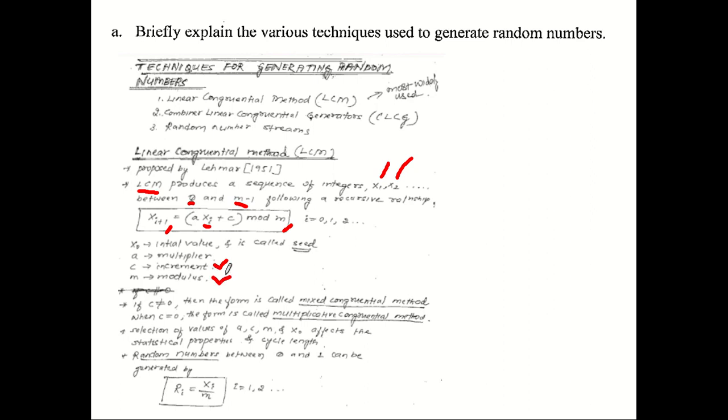Okay, see, if c is not equal to 0, then that form is called the mixed congruential method. When c equals 0, then that particular generator is called the multiplicative congruential method. The selection of values a, c, m and x0 affects the statistical properties and cycle length.